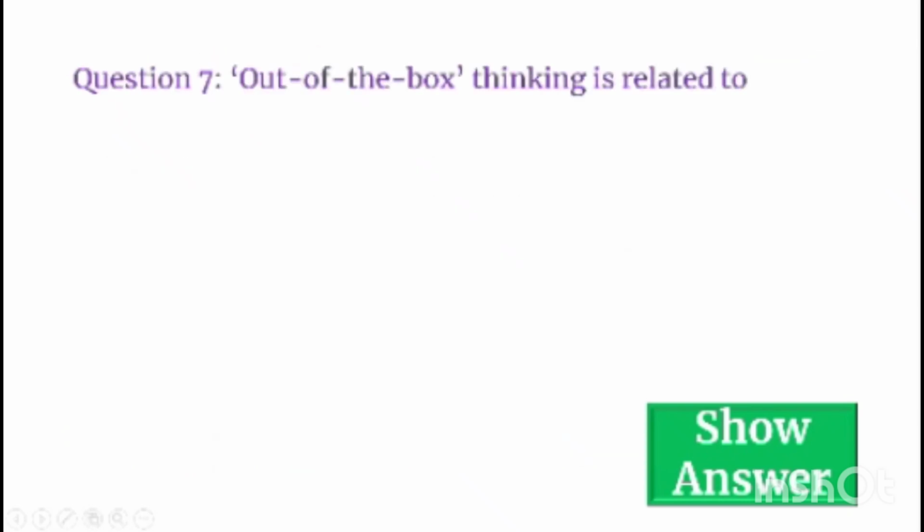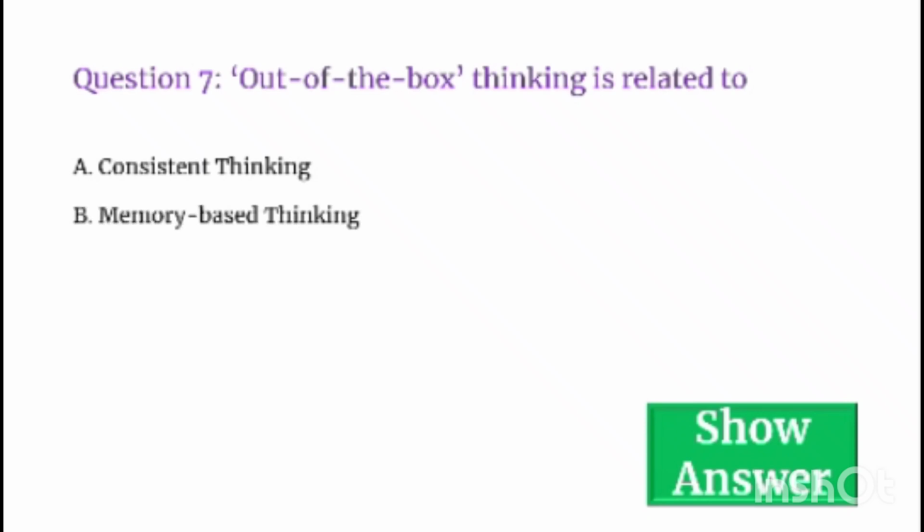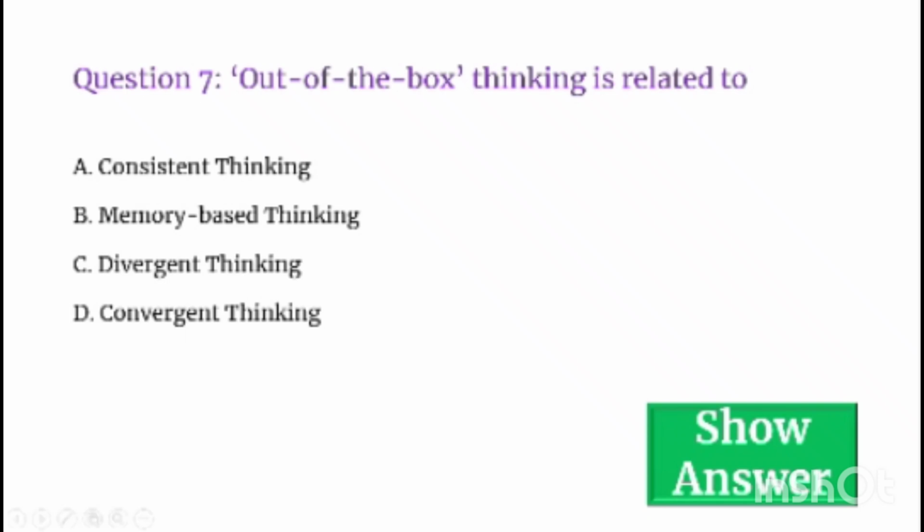Question number 7. Out of the box thinking is related to what? First option, consistent thinking. B, memory-based thinking. C, divergent thinking. And D, convergent thinking. Let me make you understand.